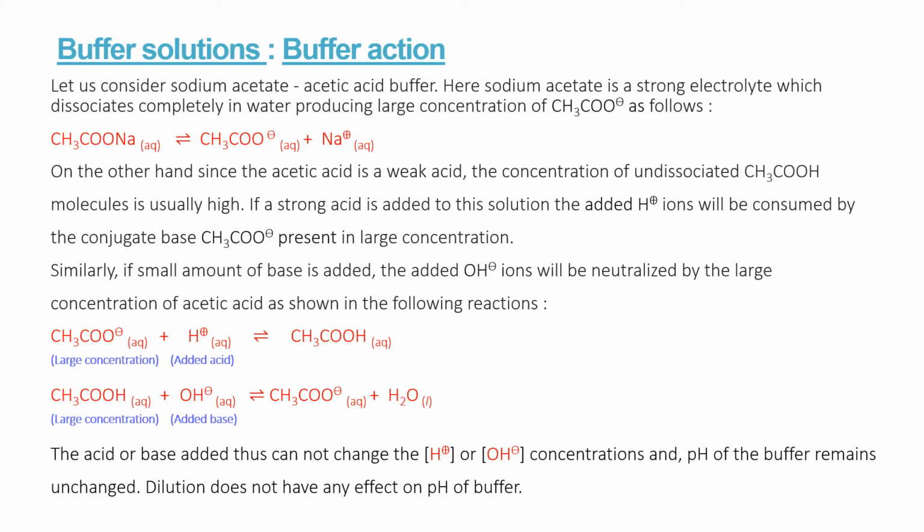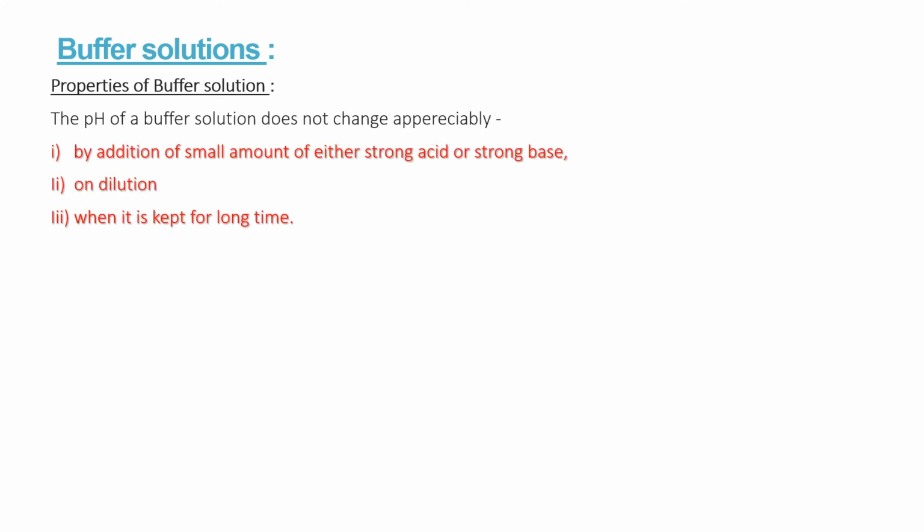Now next is the properties of your buffer solution. So what are the properties of your buffer solution? See, if you add a small amount of either strong acid or strong base, the pH of the buffer solution does not change appreciably.